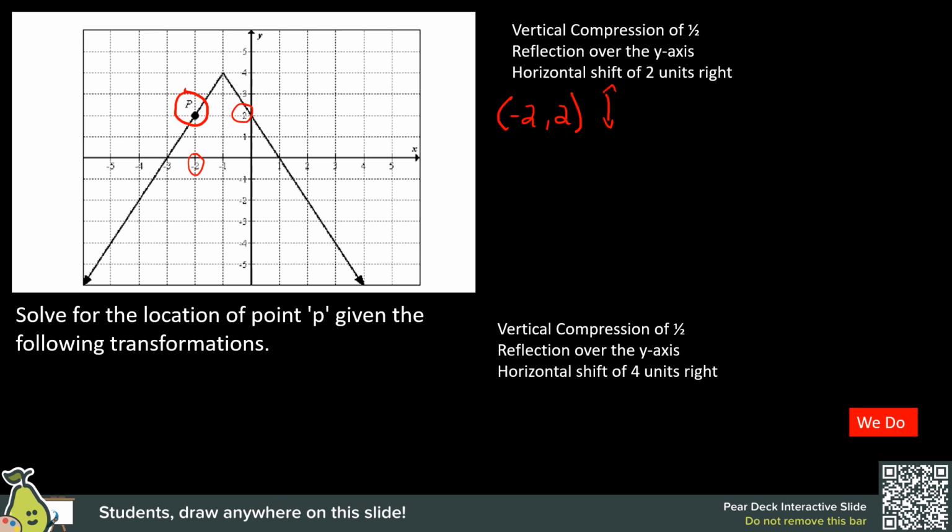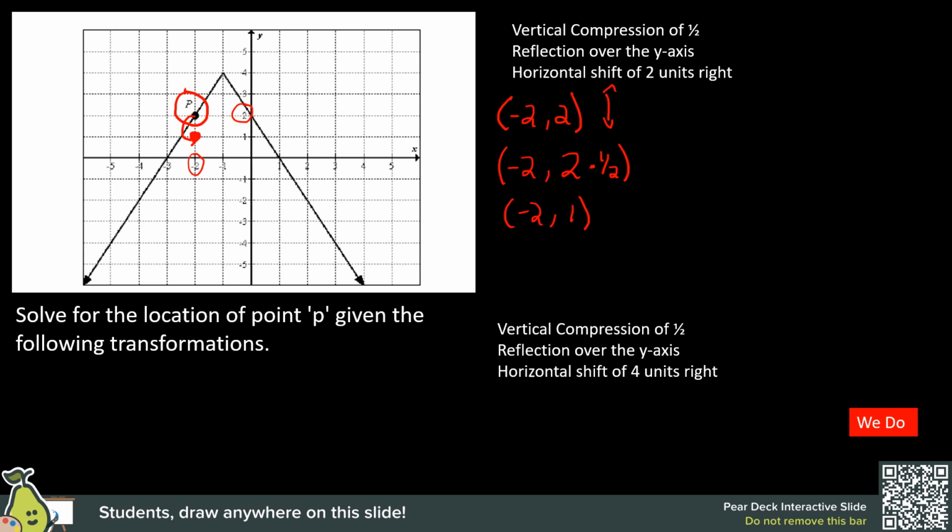In other words, we need to take this -2, 2, but our y value is what's changing, and we're going to multiply this by 1/2, which equals -2, 1.